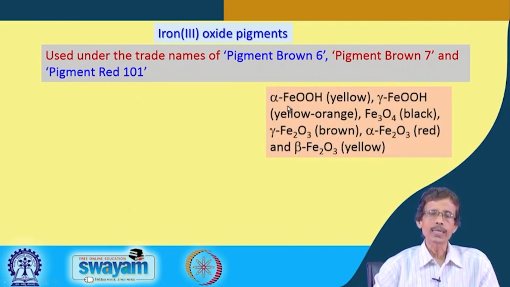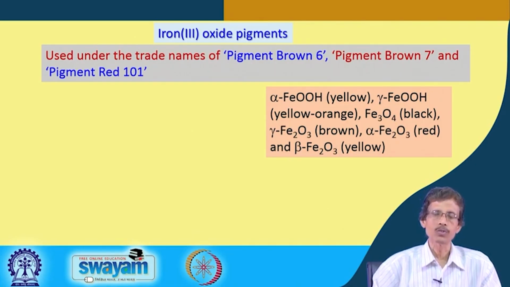But categorically, compound wise, we can have all these different pure compounds starting from yellow to black. Alpha iron oxohydroxo compound, FeOOH, is the hydrated form of the oxide, not the pure oxide. The oxohydroxo compound is yellow in color, then the gamma variety is yellow orange in color.